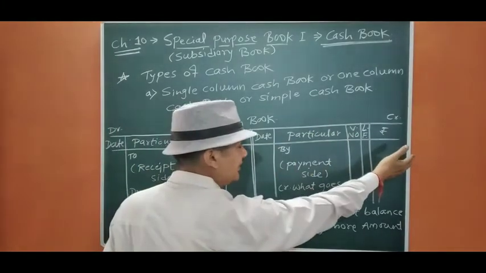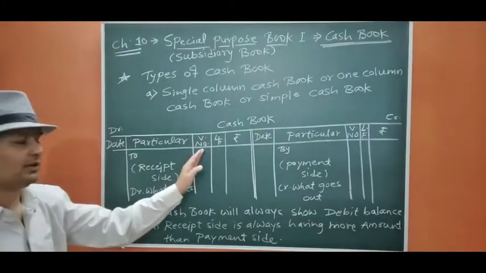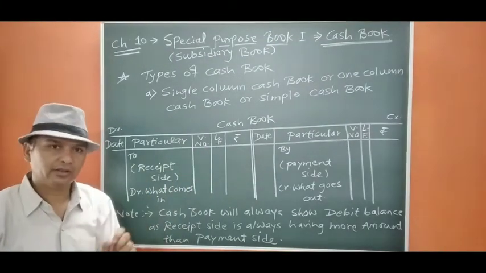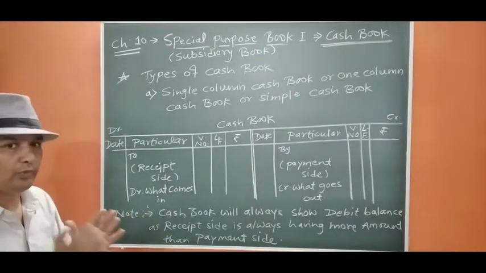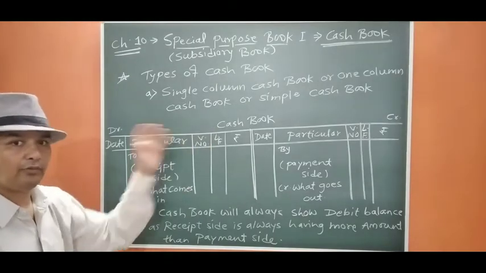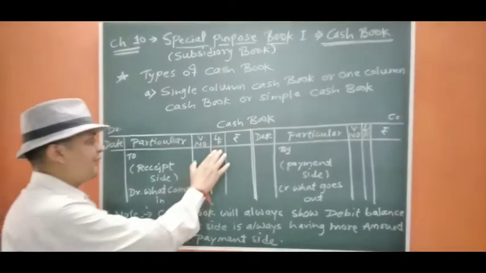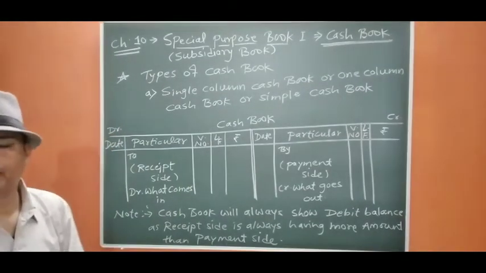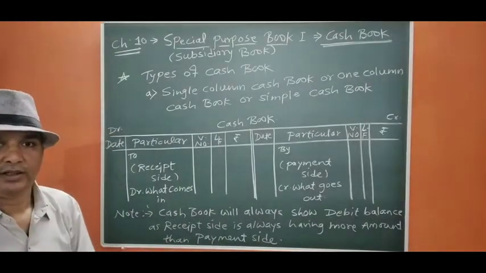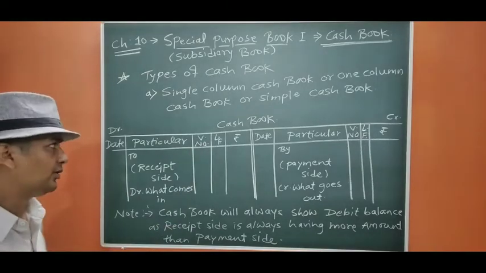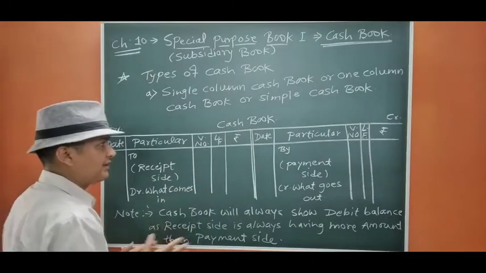We follow the same on the credit side. The voucher number is prepared to record all the transactions in the books, and cash vouchers will be recorded here. Ledger folio records the page number. Folio means page number, the ledger page number. So we are going to follow this.